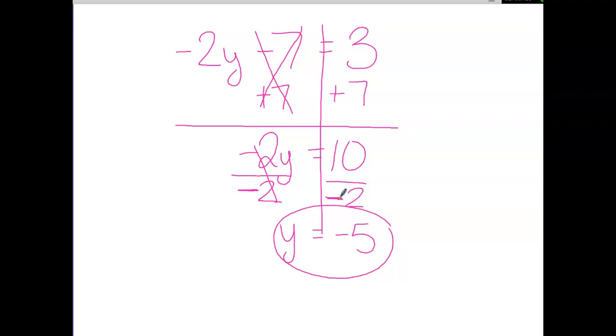All right, I got example 4 for you. We have 4 plus 1/5 r equals -1. Okay, don't freak out just because you see a fraction. We've actually done fractions already with one-step equations, so it shouldn't be that much different for us.